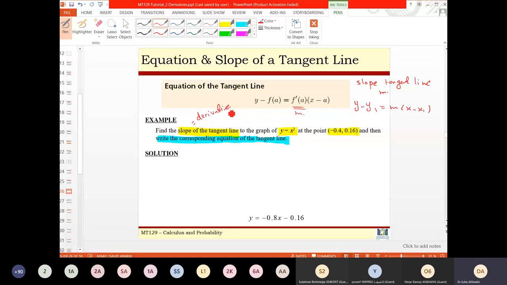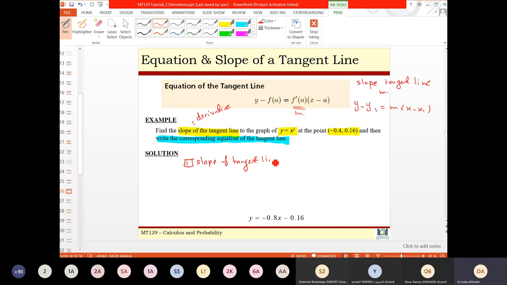Right? We're talking about the derivative of this curve at this point. So step number 1, I'm finding the slope of the tangent. Yeah, it's the rate of change, it's the derivative, it's the slope of the tangent line. So number 1, I want to find the slope of the tangent line.